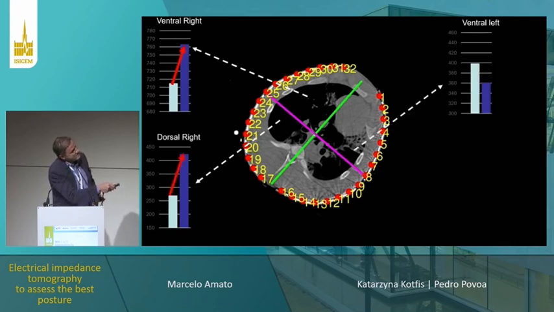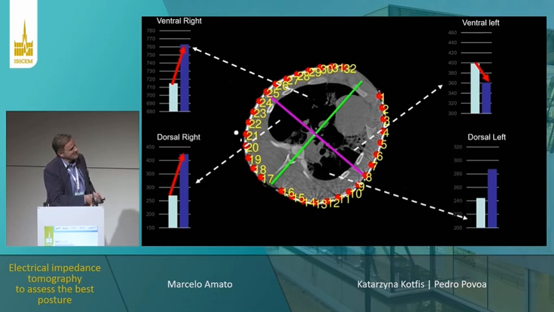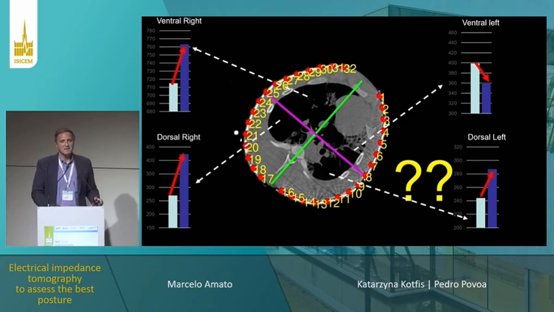Now this side of the lung, I have a decreased lung volume. I also expected this because now it's dependent on gravity. But look at this. What? This guy increased. And this happened in every single patient.